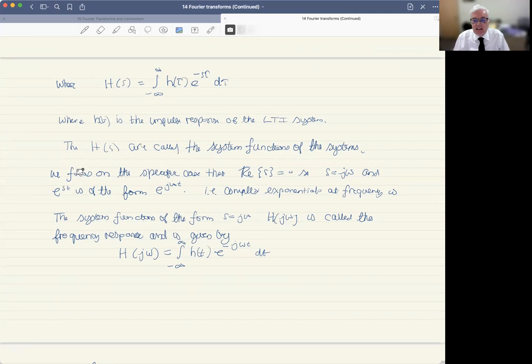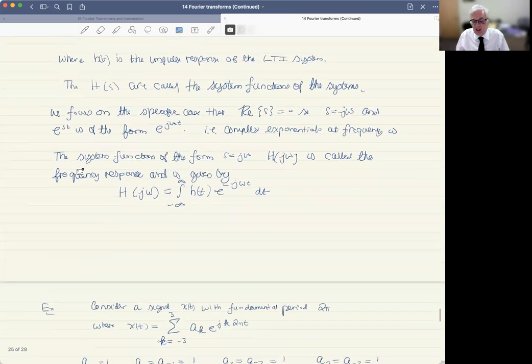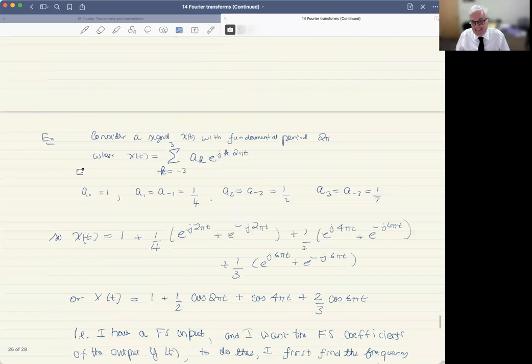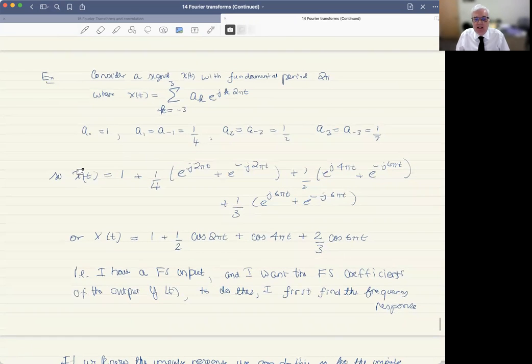If the term s is of the form j omega, then capital H is actually called the frequency response, and that's the way in which we will most frequently use this, because s is usually going to be j omega, or in fact, s is always going to be of the form j omega.